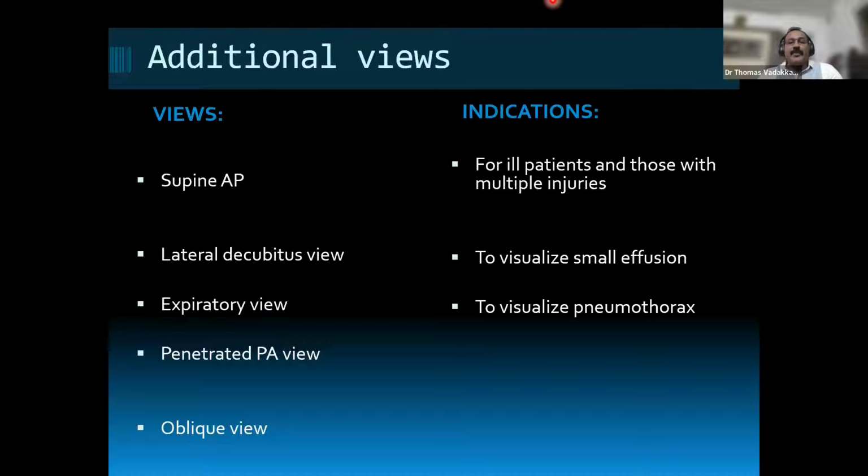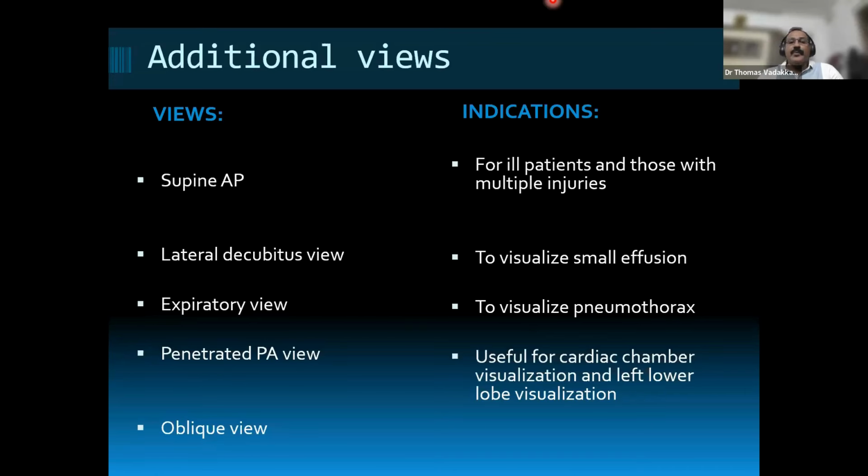Expiratory view: remember that when you are suspecting a small pneumothorax, if you take an inspiratory film, it may not be evident. So always ask the radiographer to do an expiratory view so that the minimal pocket will be magnified. And penetrated PA view, where you are suspecting lower lobe lesions, which are retrocardiac, especially on the left side.